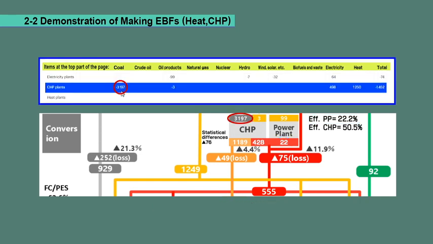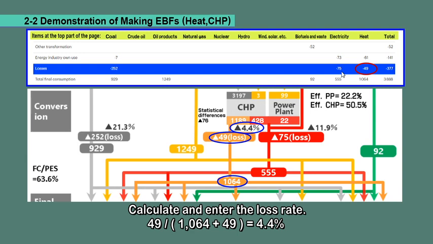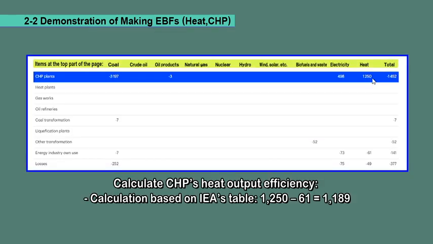The values of CHP plants, coal 3,197 and oil products 3. Enter them. Then calculate the loss ratio. 49 is divided by the sum of 1,064 and 49. The ratio is 4.4%. Also, calculate heat efficiency based on the energy balance table.